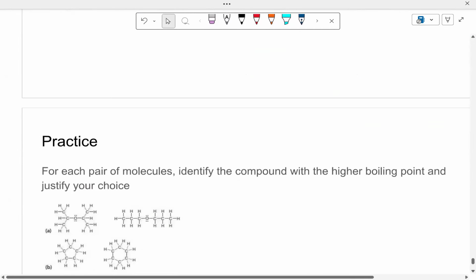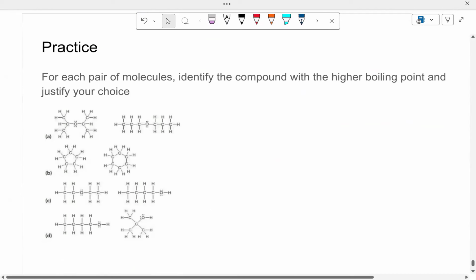So let's do a few problems, and then that will be it for part one. For each of these pair molecules, we're going to identify the compound with the higher boiling point and justify our choice. So we're going to look and see what the difference is between these. So with A, both have the same molecular formula, right? 6 carbons, an oxygen, and 12 hydrogens, right? 3, 6, 9, 12. I'm sorry, 14 hydrogens each. So what's the main difference between them?